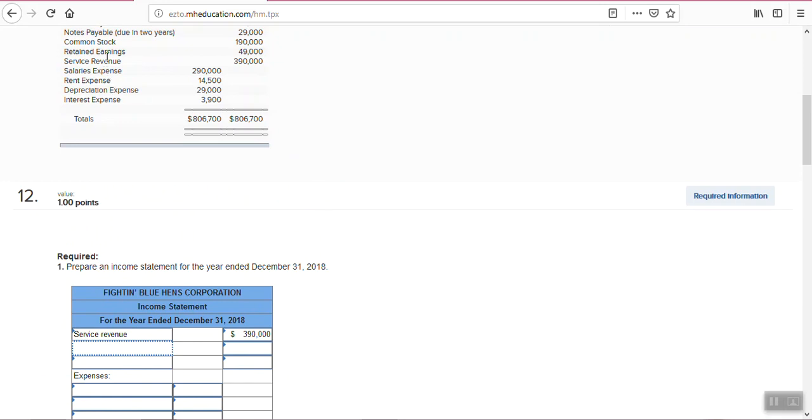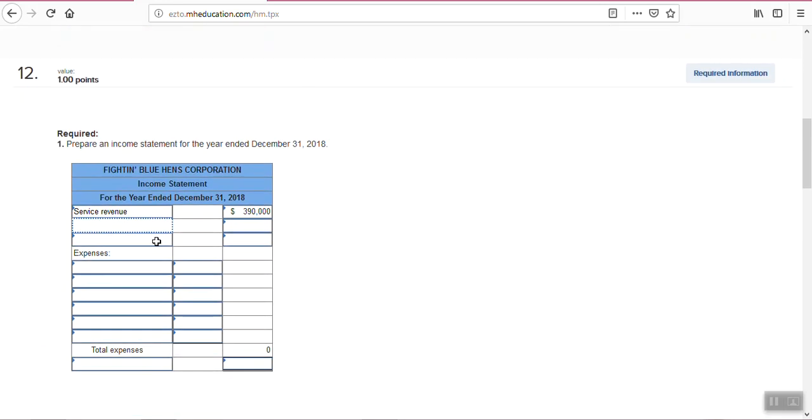It looks like we've got 4 expenses. You'll see there are going to be some blank areas here, and I don't know why my drop downs are not working correctly. It looks like there will be a couple of blank lines in the revenue section, and a couple of lines in the expenses.